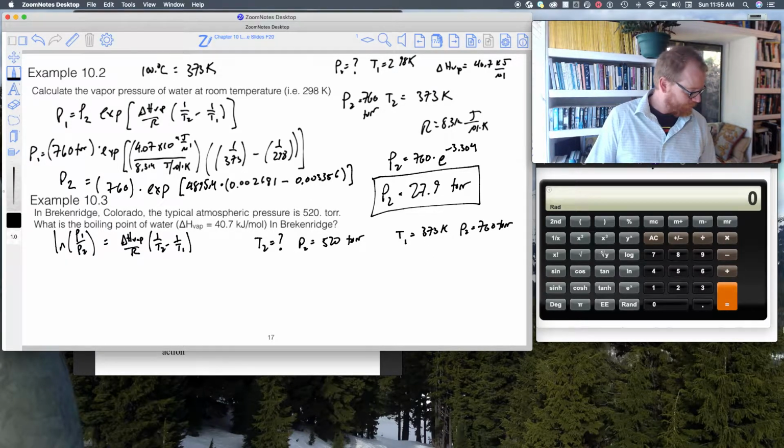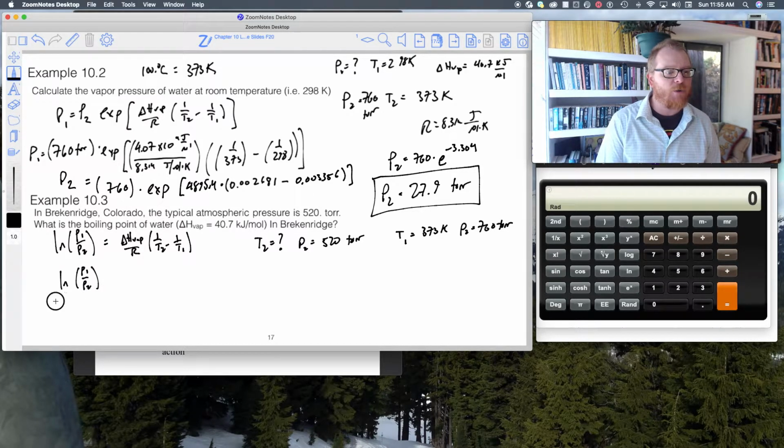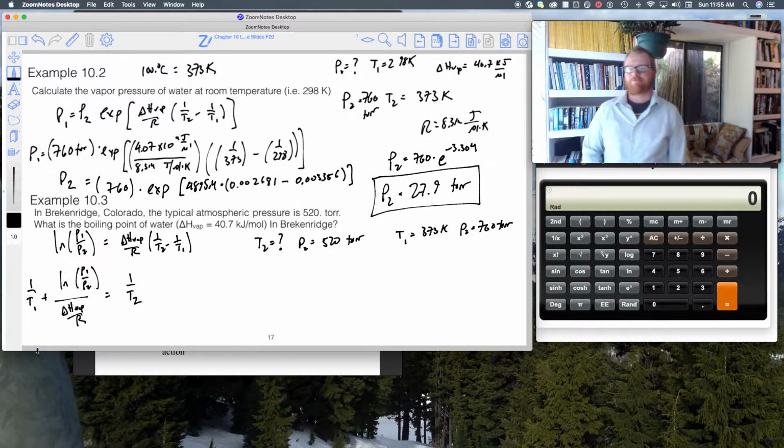Okay? And so I'm also going to just do a little bit of algebra to get started. I'm going to say natural log of P1 divided by P2 divided by delta H of vap divided by R. So I'm just moving that whole thing over to this side, equals 1 over T2 plus 1 over T1.